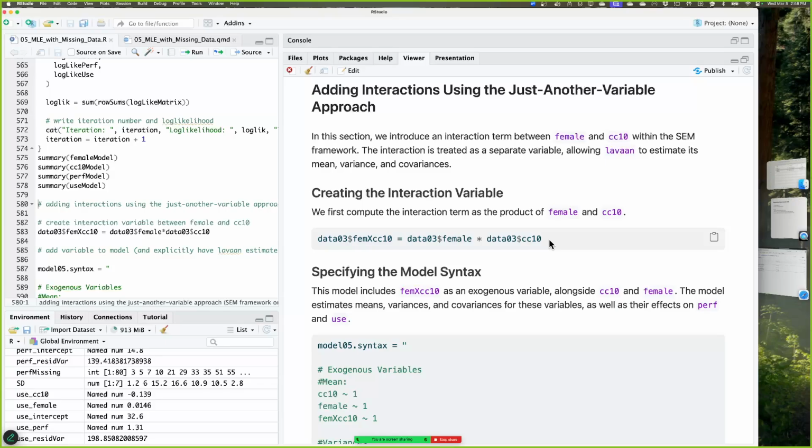But the bigger picture is this: if you think about what's happening in Levon in the SEM approach, if we did nothing, it's going to treat female as continuous and normally distributed. It's going to treat CC10 as continuous and normally distributed. Whenever you have a product of two normally distributed variables, though, the result of that is not normally distributed.